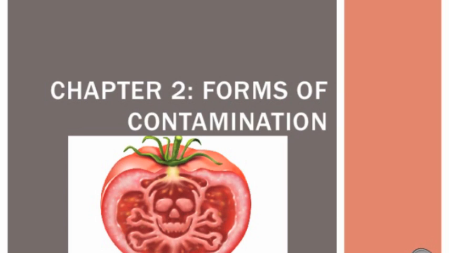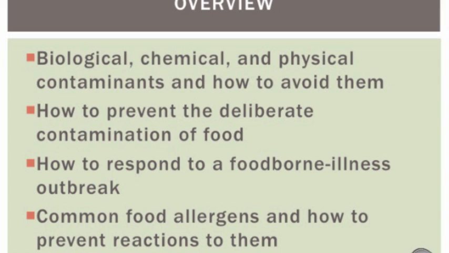So this week we're going over Chapter 2 from your ServSafe textbook, which is going over forms of contamination. Specifically, we're going to talk about biological, chemical, and physical contaminants, and then how to prevent those contaminations from occurring. Also, how to prevent the deliberate contamination of food.